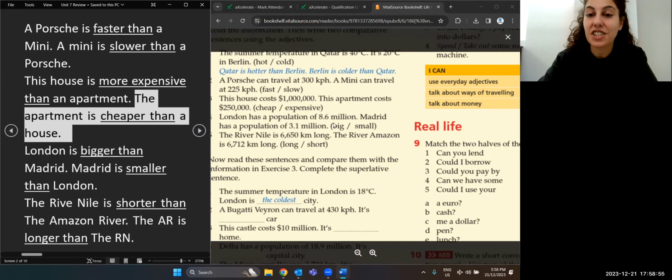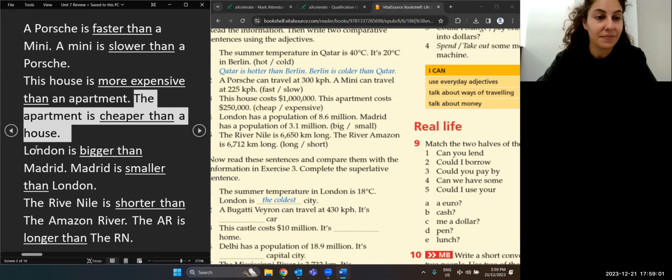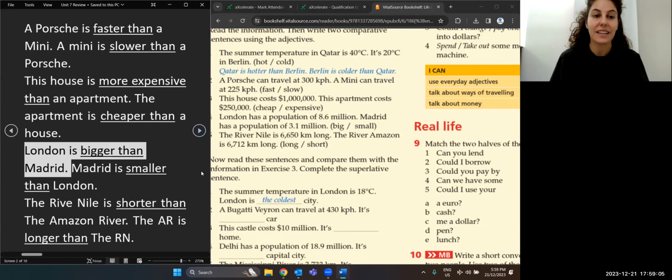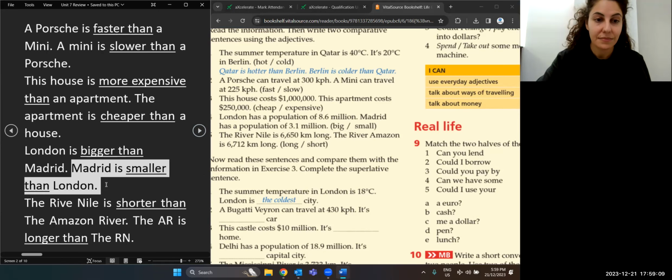London has a population of 8.6 million. Madrid has a population of 3.1 million. What can I say? London, then Madrid, or yes, is smaller. Yep.